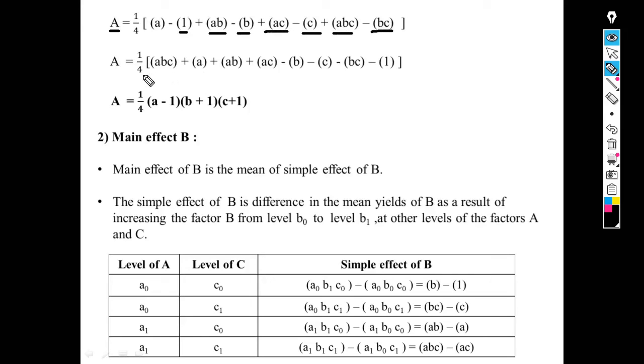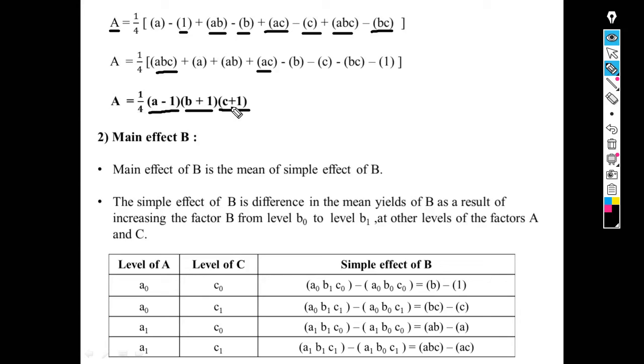Writing positive terms and negative terms separately, we get 1/4 (ABC plus A plus AB plus AC minus B minus C minus BC minus 1). This can be written as 1/4 (A minus 1)(B plus 1)(C plus 1). After simplifying these terms, we get this equation, and this is the main effect for factor A.